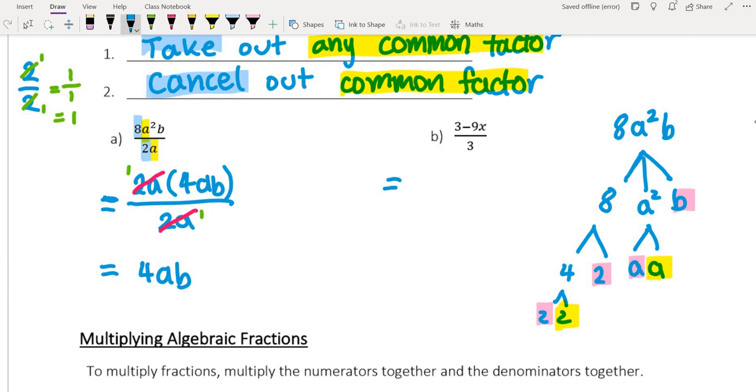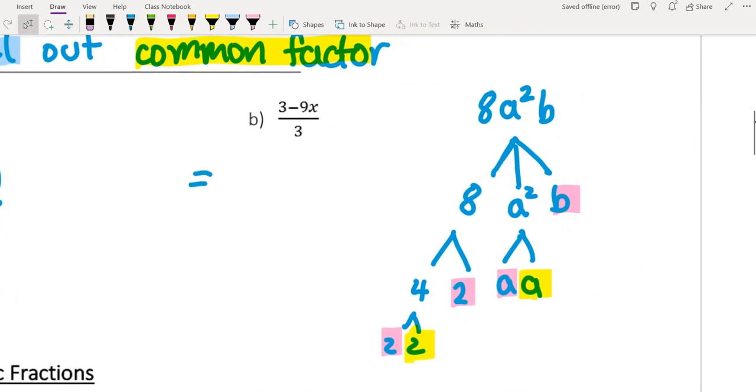And the second bit here, there are a few different ways to look at this fraction. The first way is to look at it as 2 separate fractions. Because there's an operation in the middle, you can see it as 3 over 3 minus 9x over 3.